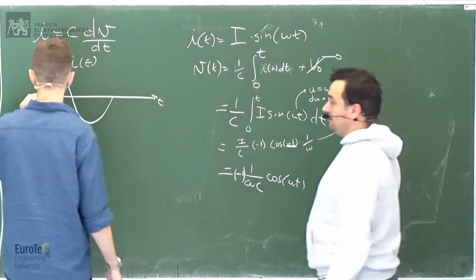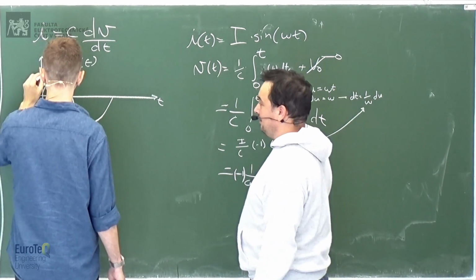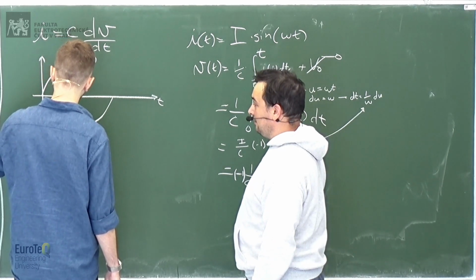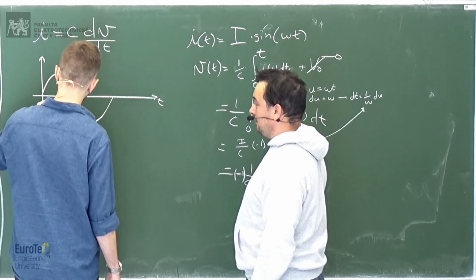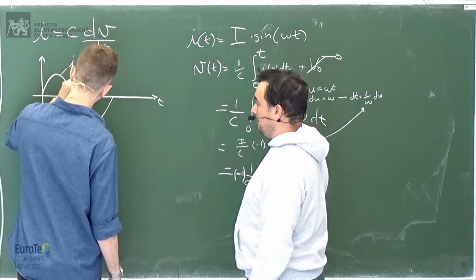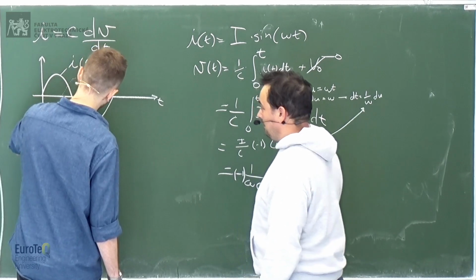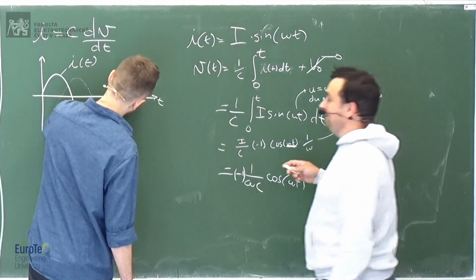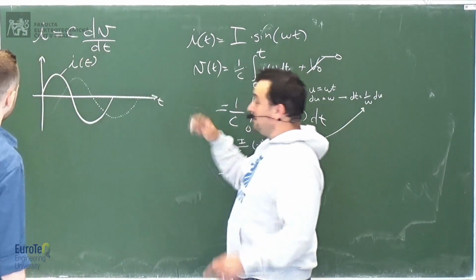Cosine, you remember, come on. Okay. Correct. You can stop there. You don't need to continue. Okay. So this is minus cosine.